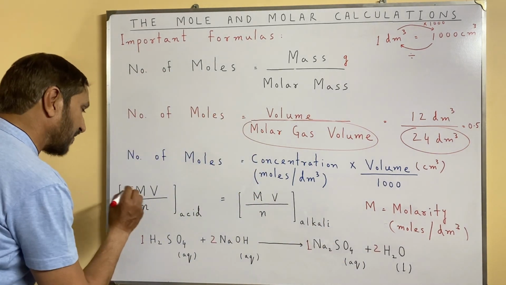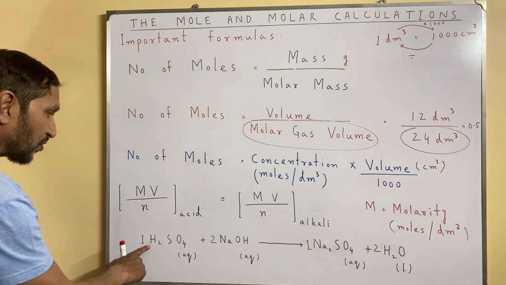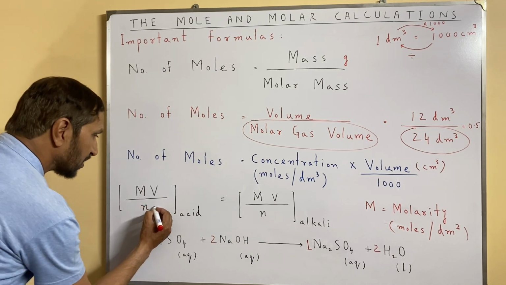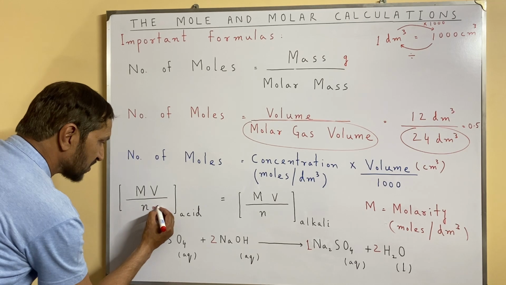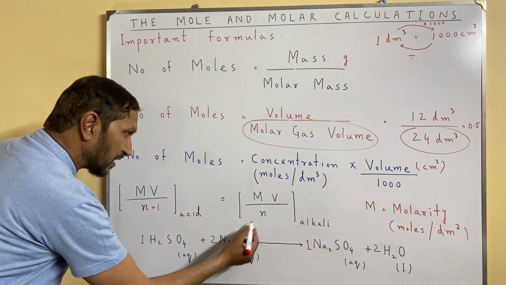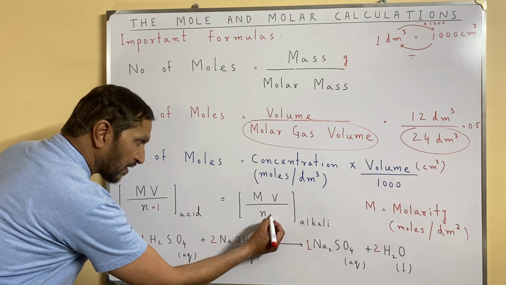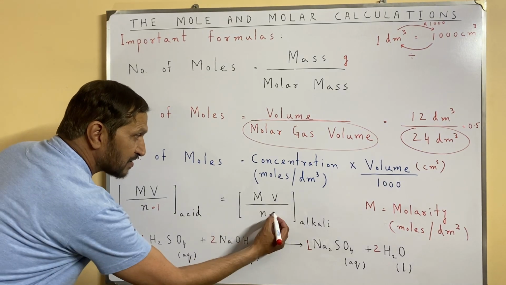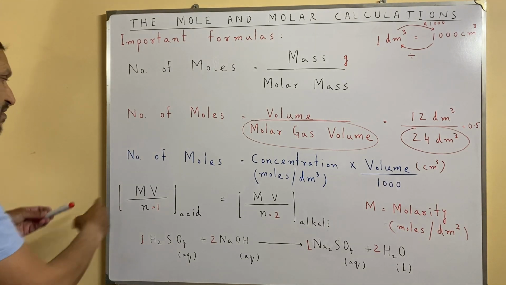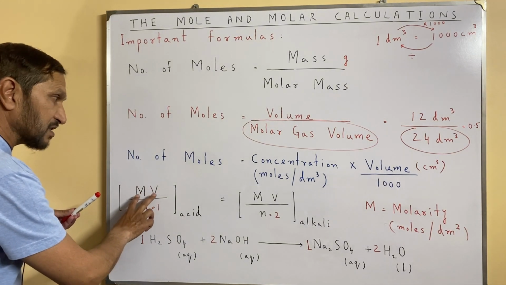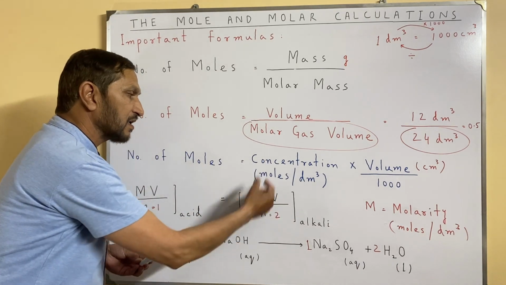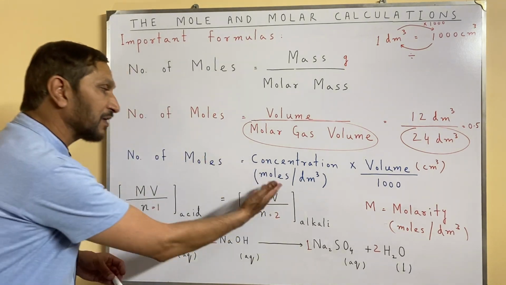So while we are solving the question, what will be the value of N in this particular case for sulfuric acid? It will be 1. And what will be the value of N for the alkali? In this case it will be 2. The volume and molarity may be given for the acid, and the molarity or volume may be asked for the alkali.